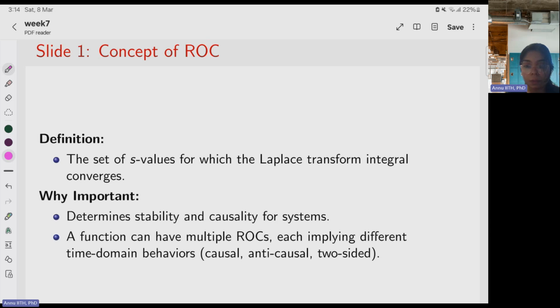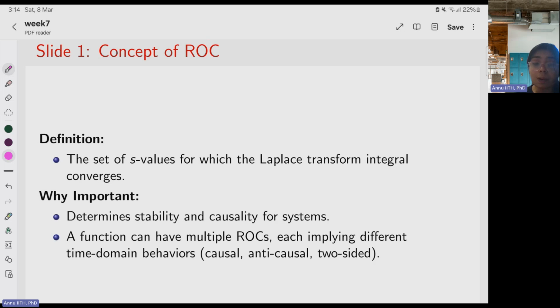Now I will tell you the concept of region of convergence. It is the set of s values for which the Laplace integral converges. That is the definition. The s values are in the power of e to the minus st, whereas it was e to the power minus j omega t in the case of the Fourier transform.